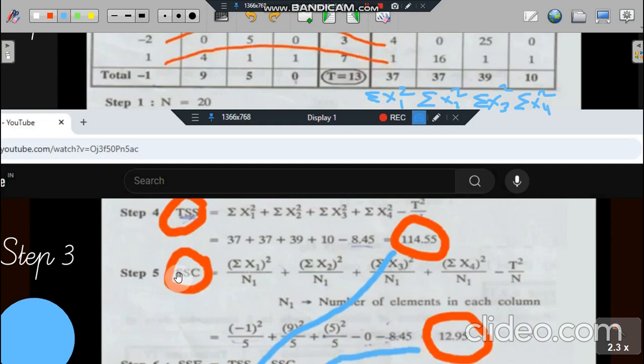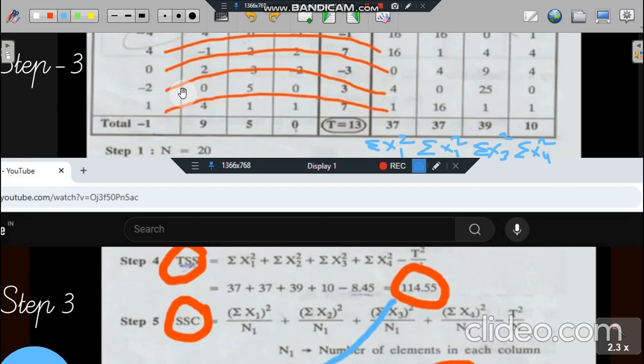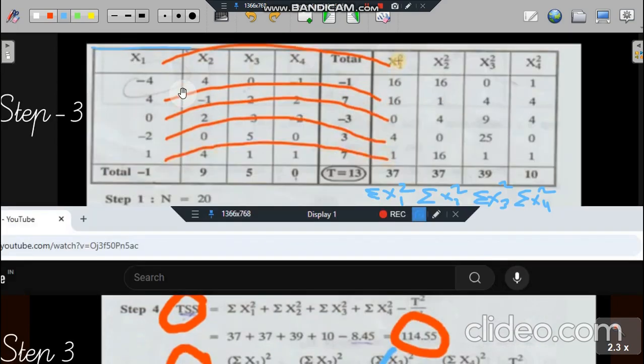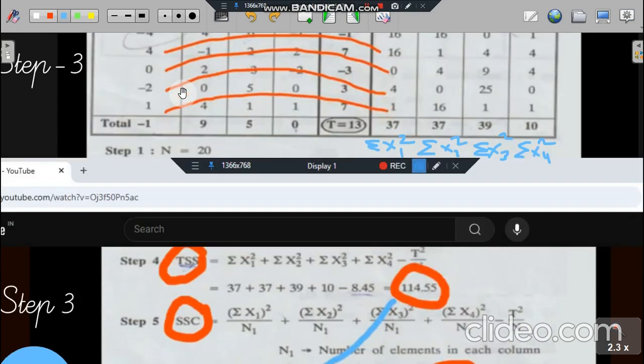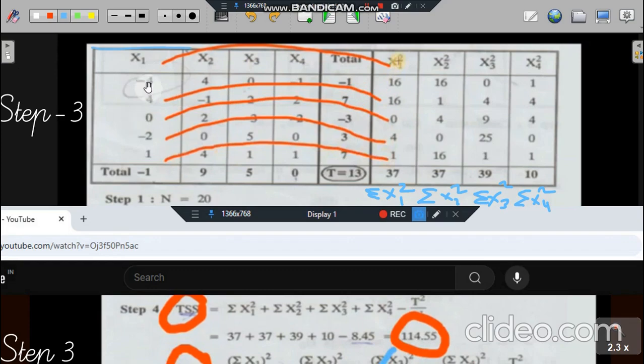Similarly, SSC, that is sum of squares column wise. For this, the formula is summation x1 whole square divided by n1. N1 means number of elements here. Now look at that, how many elements are here? 1, 2, 3, 4, 5. Am I correct?